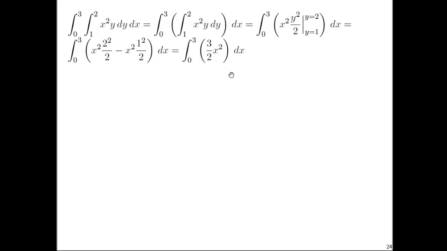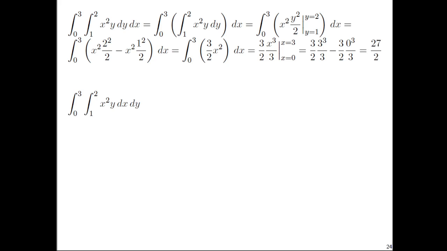So we skipped a little bit of algebra, but we're now needing to integrate 3 halves x squared dx from 0 to 3. Now this problem looks like one you could give to a student taking Calc 1. So 3 halves copied times the integral of x squared, which is x cubed over 3, evaluated at 3 and at 0. Because we got 0 times whatever, that part's just gone. We end up with 27 over 2.